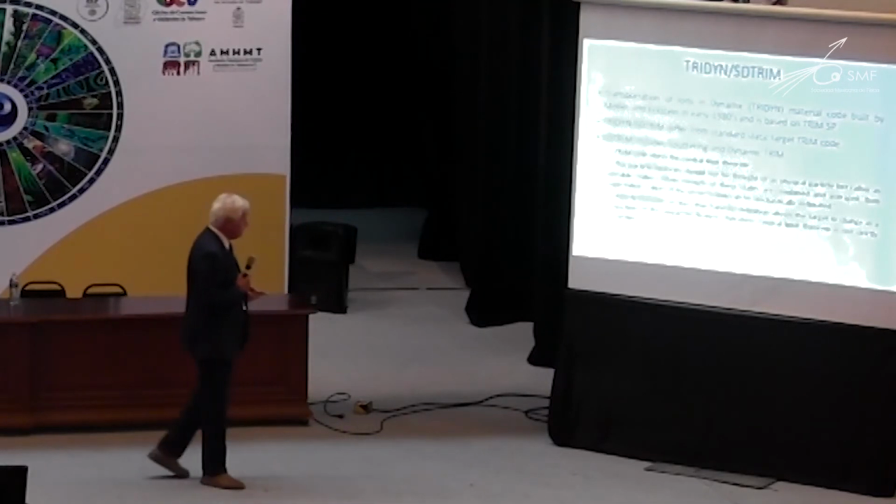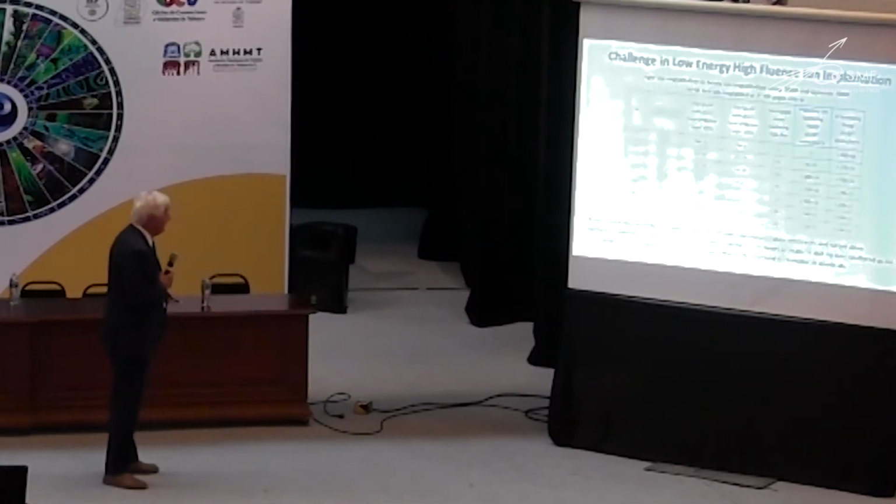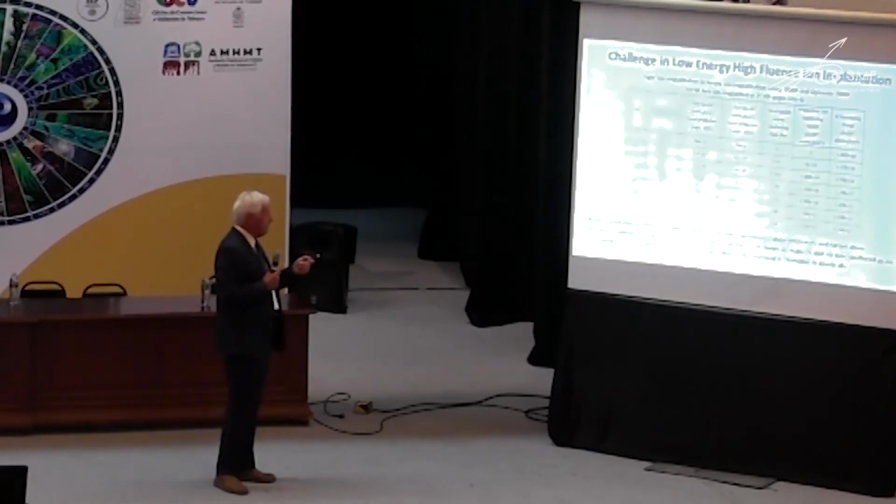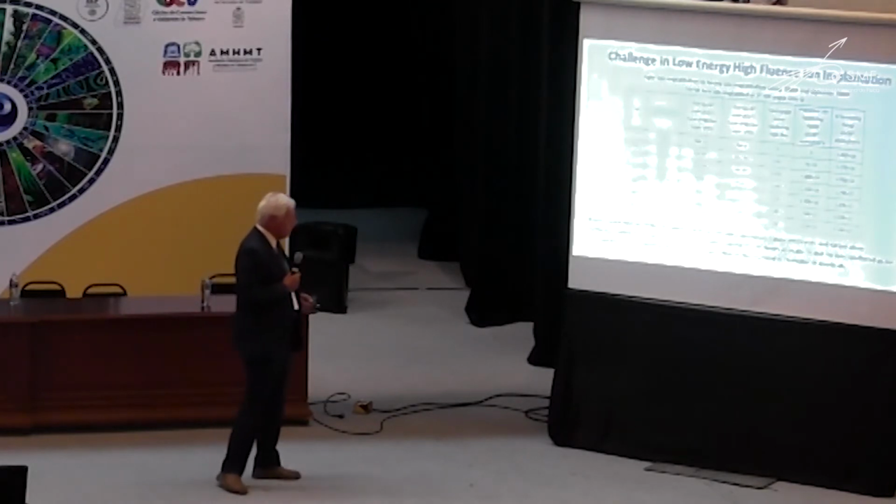Next slide. I'm going to mention the challenge in low energy, high fluence ion implantation. These are the TRIM results. I know you can't read those. All these ions are hydrogen, helium, carbon, silicon, iron, silver, and gold. All ions are at 50 keV of energy.